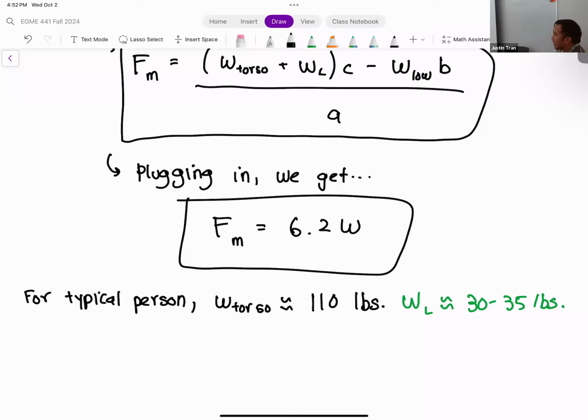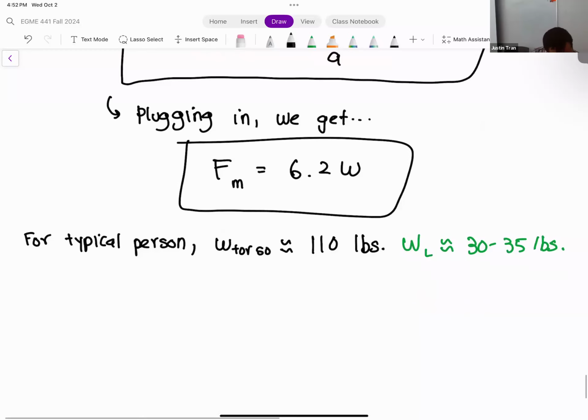So if I were to lift that box of cat litter with poor technique, right? That means my spinal erector muscles are exerting somewhere in the ballpark of 650-ish pounds, okay?